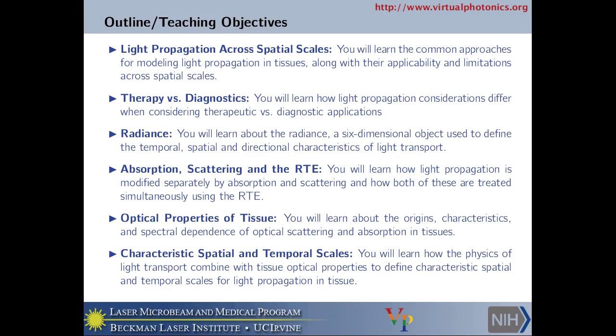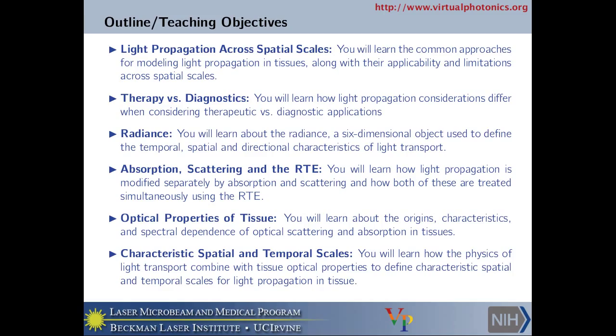As I've mentioned, one of the objectives of this course is to provide a comprehensive approach to understanding the considerations when modeling light transport anywhere from the microscopic scale all the way to the macroscopic scale. And so we're going to talk about the various approaches for modeling light transport across spatial scales, and the applicability and the limitations of each of these modeling contexts, both theoretically as well as practically.